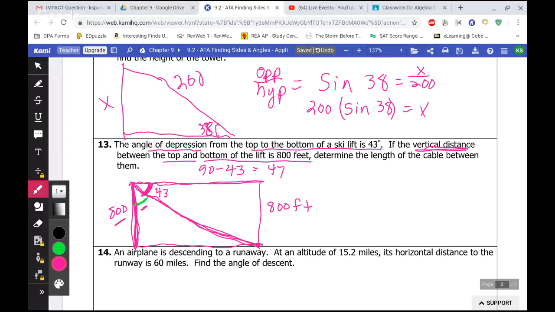So this forms a right angle. Let me just draw that. With the information given, I would draw this right here. I've got an 800-foot ski lift tower. And I know that there's a cable that extends from the top to the ground.